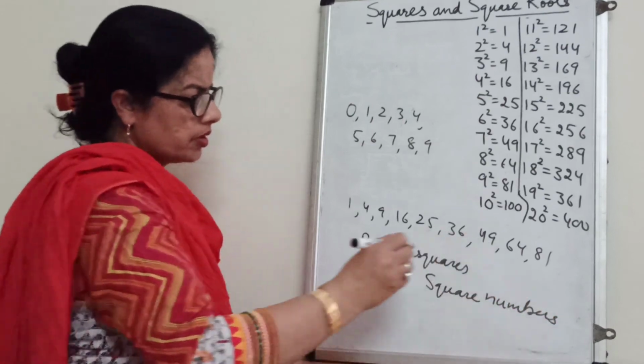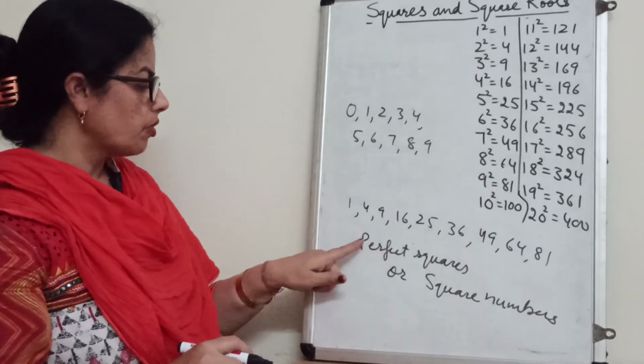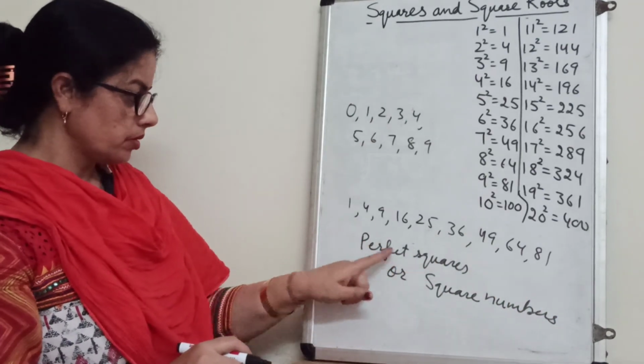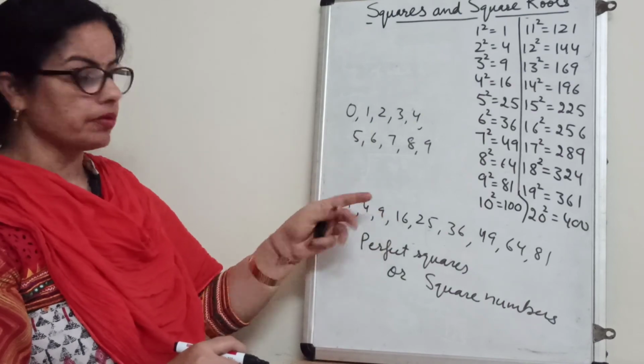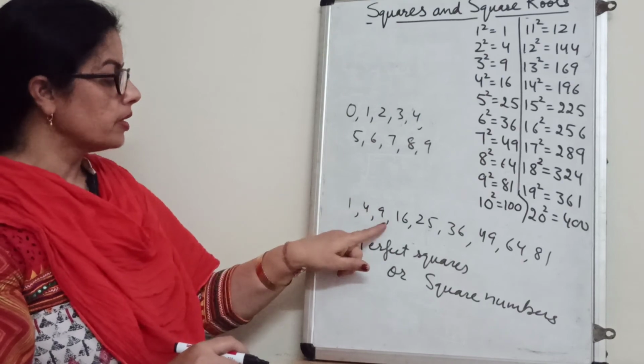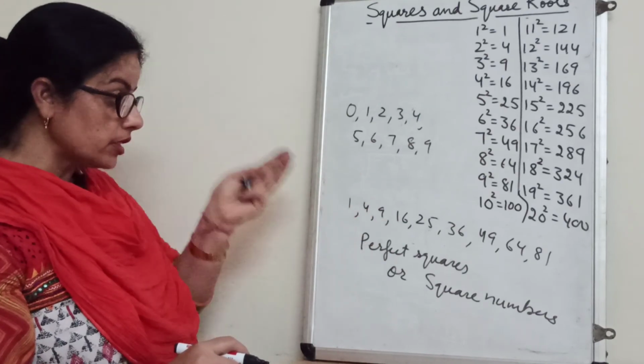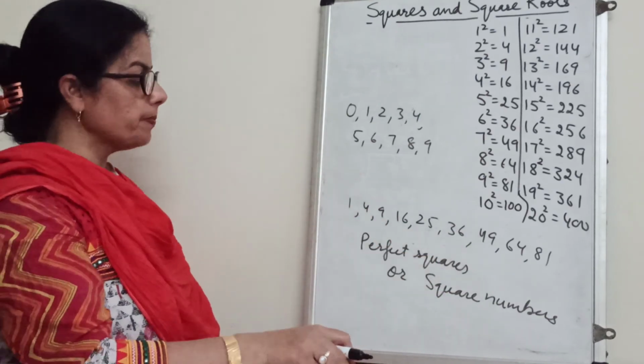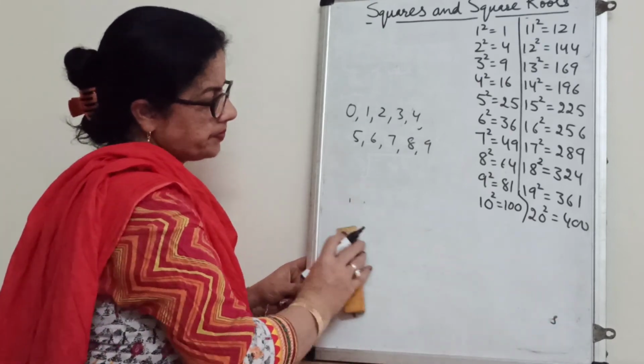Both are the same. Either square numbers or perfect squares, which means the square of a natural number. 1 is the square of 1, 4 is the square of 2, 9 is the square of 3. So these numbers are said to be perfect squares.